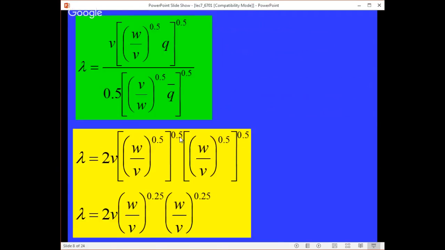Okay, so I just rewrite this, right? I have the negative at the bottom, so I just bring it up top. And I can write it like this, W V to the 0.5 and W V to the 0.5, that gives me W V to the 0.25, and W V to the 0.25. I multiply those. Oh, and I forgot the V, like 2V.